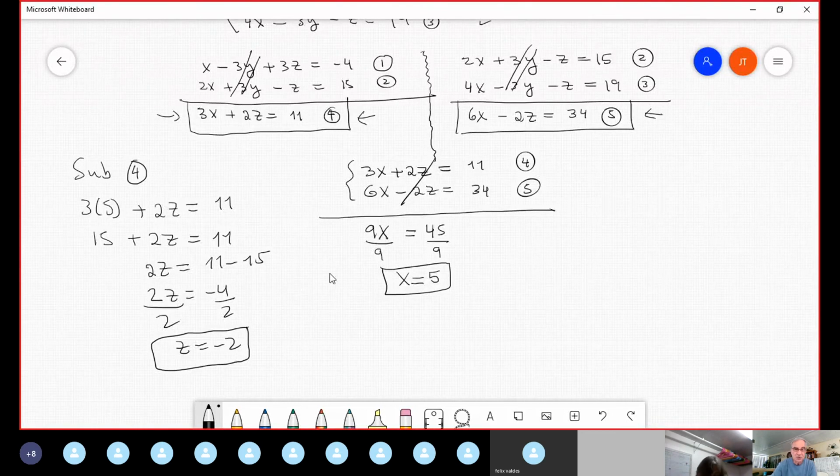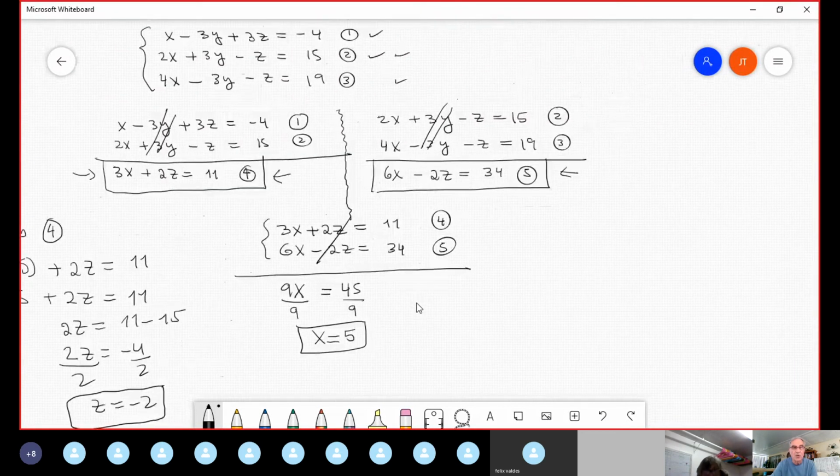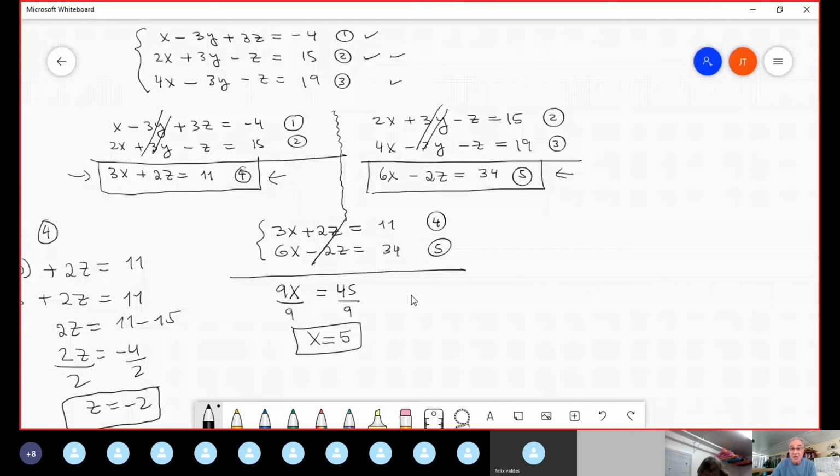I need y. To find the y, use substitution and the horrible original equation. So I make a decision to substitute in equation 2. So 2 times 5 because x is 5, plus 3y, I have no idea who is y, minus z, and z is negative 2, no? Be careful with the sign because we have double minus. z is negative 2, however, in the equation I plug in there is another negative outside, equal 15.